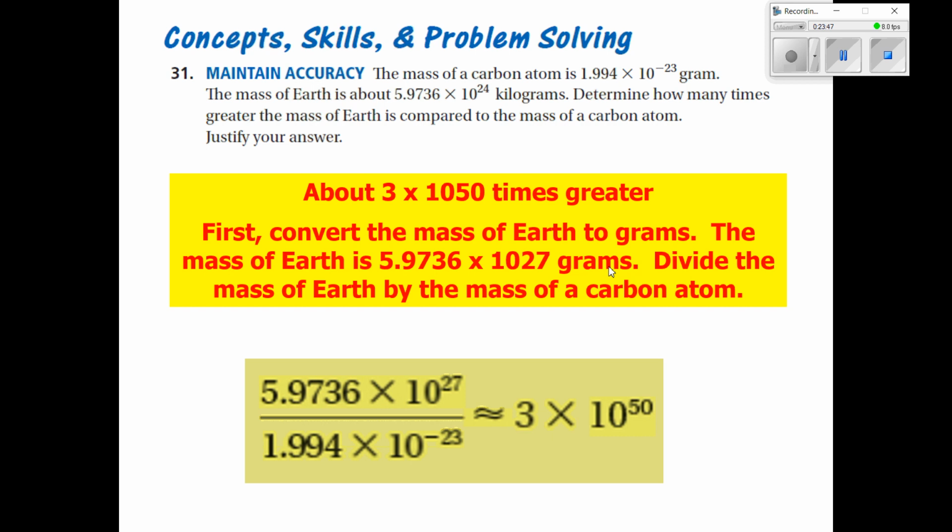I want to give you guys a better understanding of why we got that exponent to be 27. So let me see if I can better illustrate that. All right, so we start with 5.9736. And remember, this is originally 10 to the 24th.